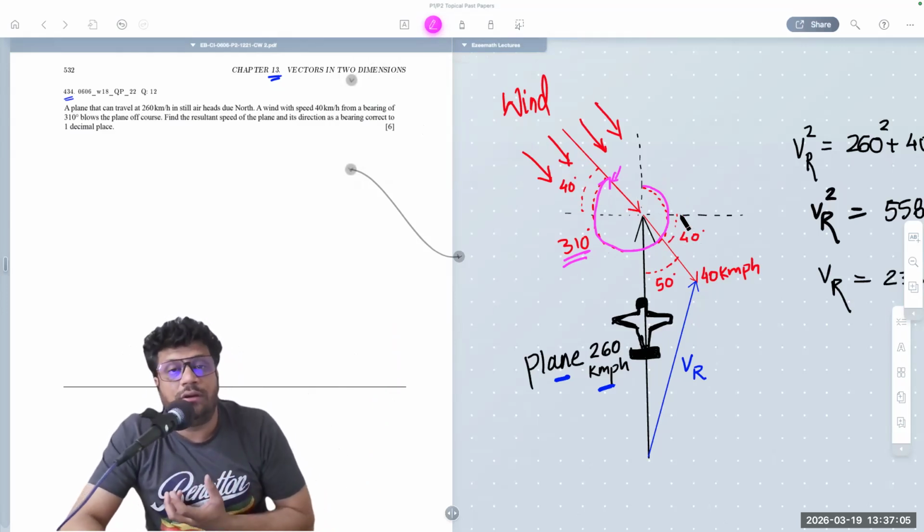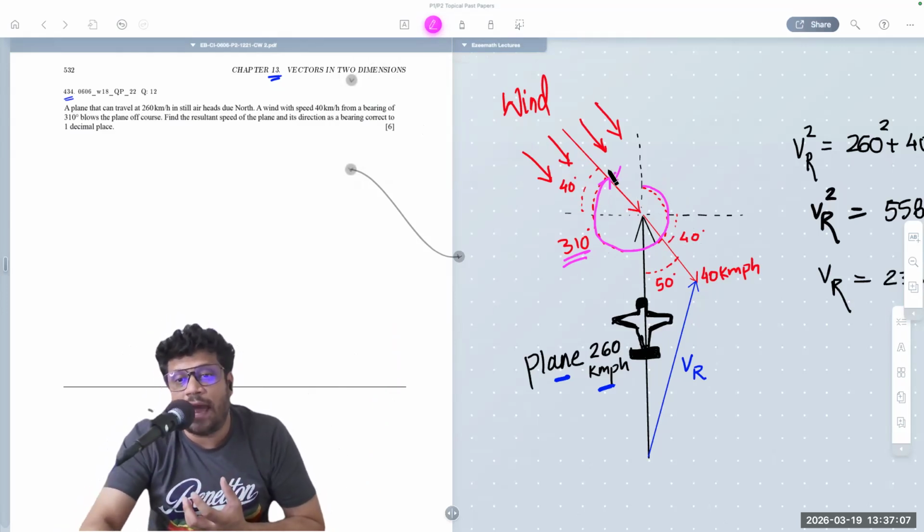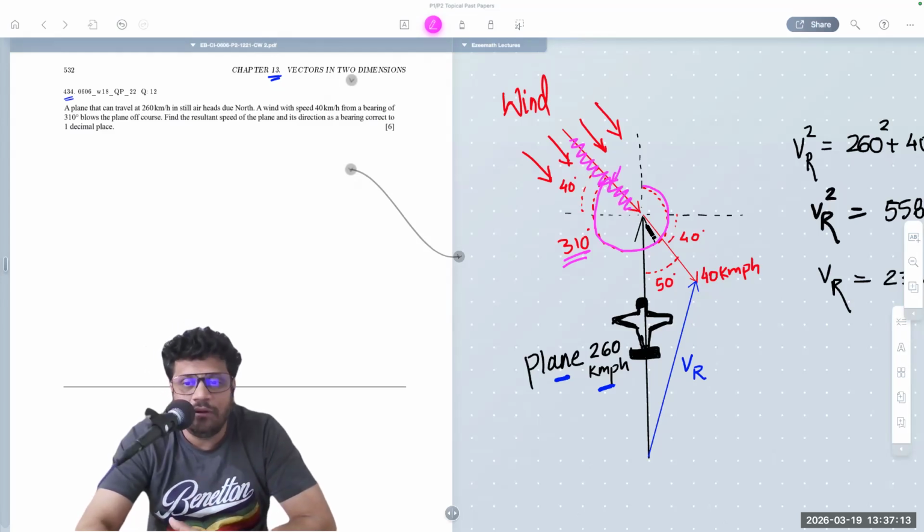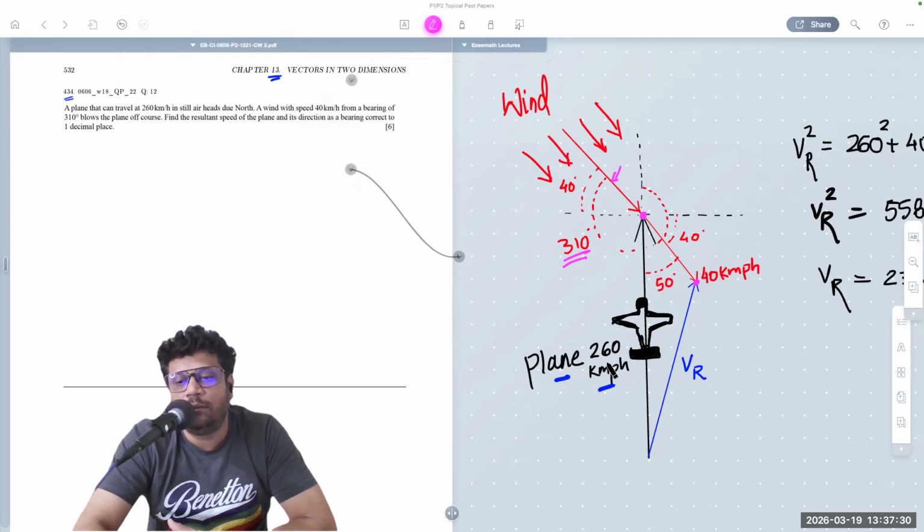I can use the triangle law of vector addition. I'm going to take this velocity down and place it here like that. The tail of the velocity of the wind is placed on the head of the velocity of the plane.